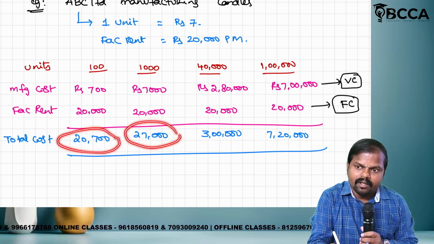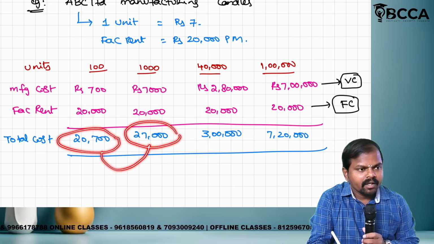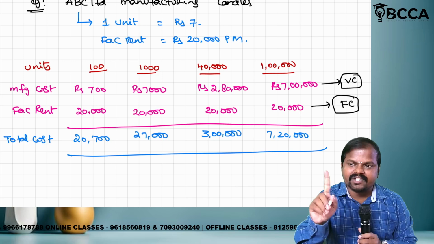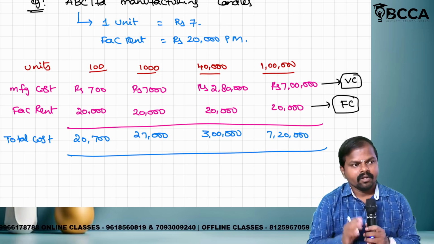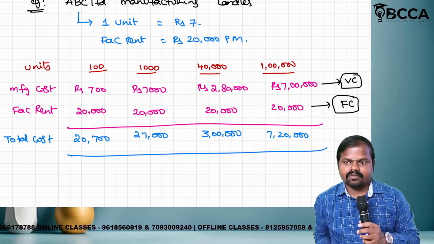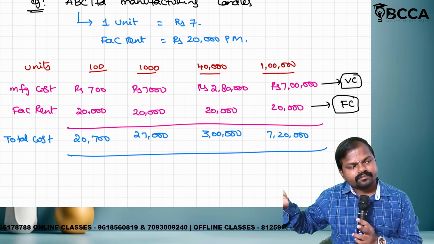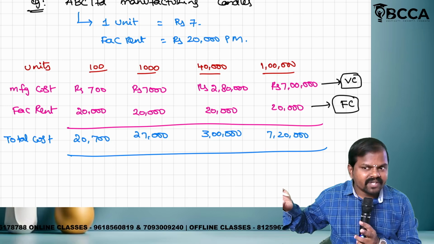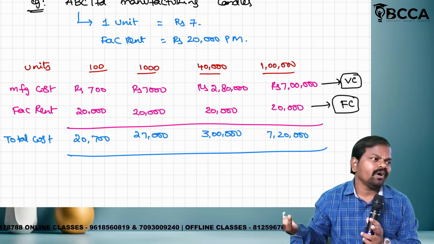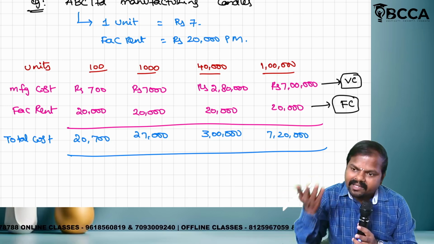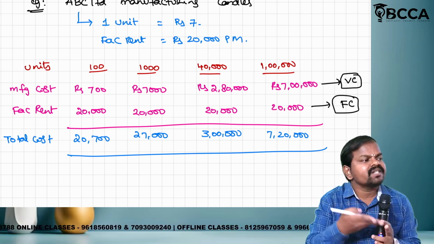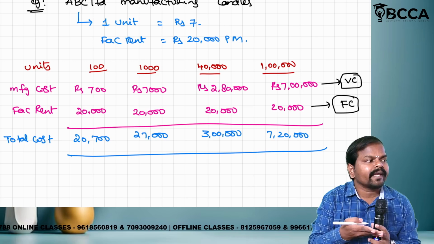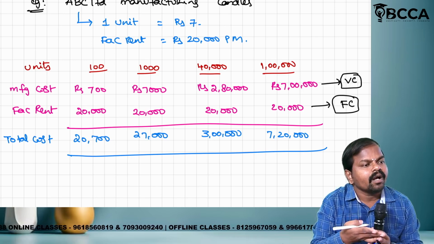What is the total? 27,000. It is not the same. It means fixed cost condition number 1 failed. We can conclude that it is not fixed cost. Then we go for variable cost, or otherwise check condition 2? No, not required. Why? Even though condition 2 is satisfied, condition 1 has failed, so we can conclude that it is not a fixed cost.